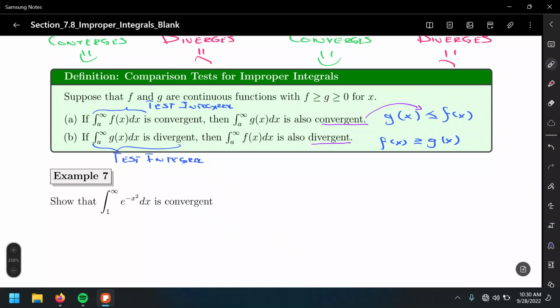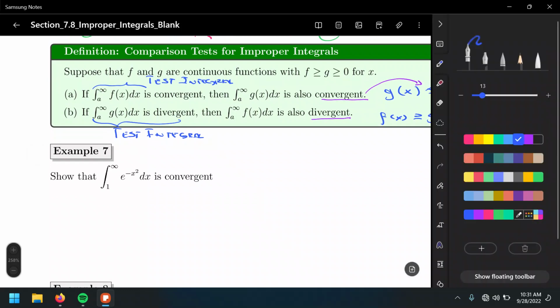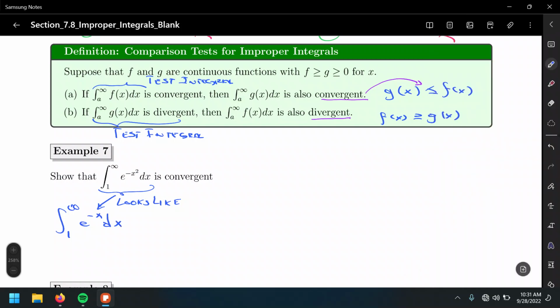Here is the thing. This integral looks like the integral from 1 to infinity of e to the negative x dx.